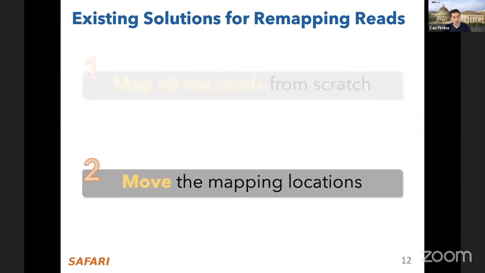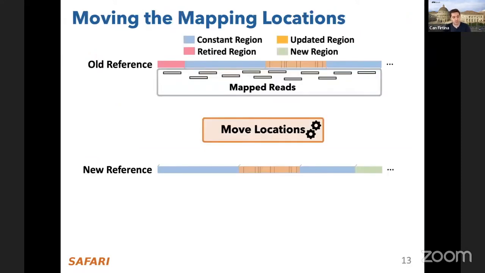So let's go over the second solution when remapping reads. When moving the mapping locations from an old reference genome to a new reference genome, what we don't want to do is read mapping unnecessarily.